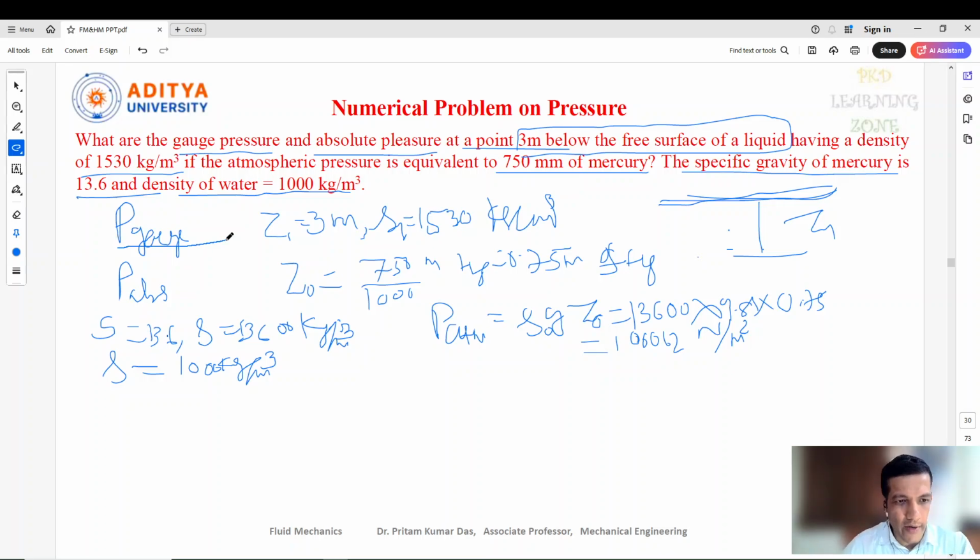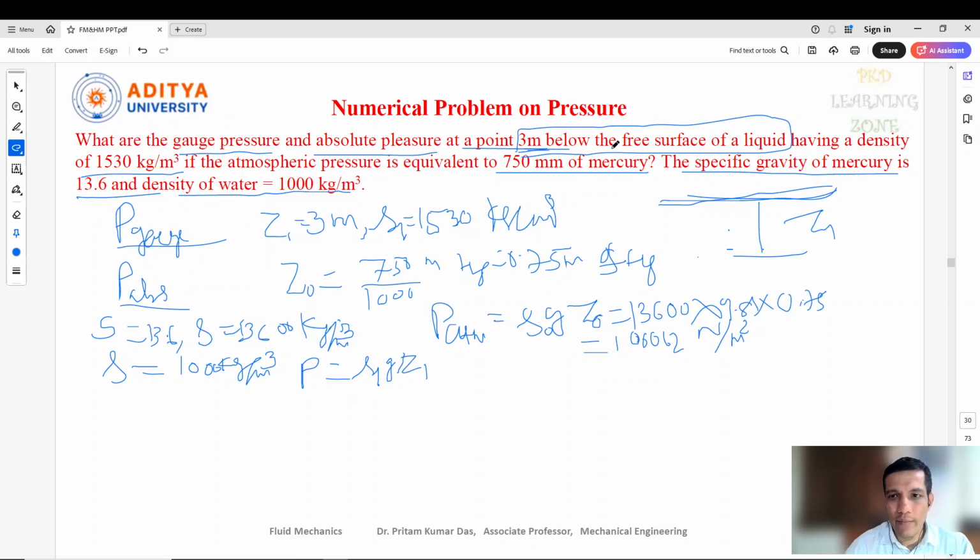We actually need to calculate P gauge and P absolute. P atmospheric we got now. Now we'll calculate the pressure value at the depth of 3 meter. For that, you can write P equal to rho 1 g Z1.